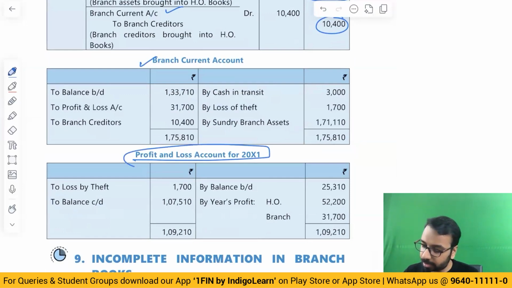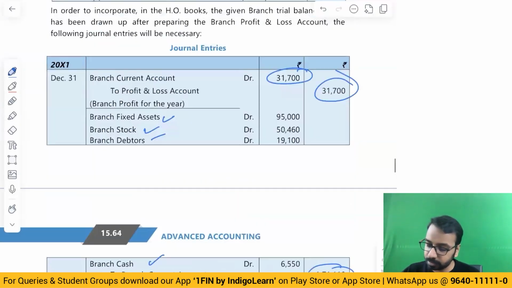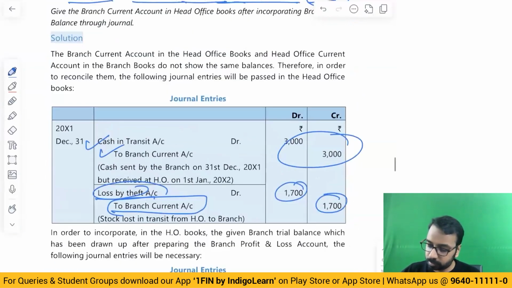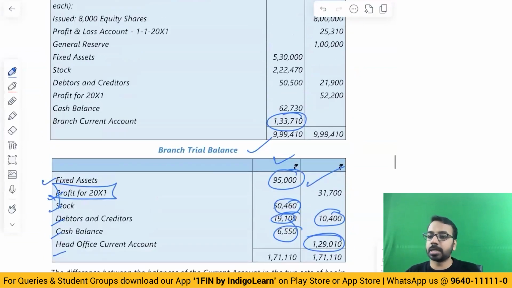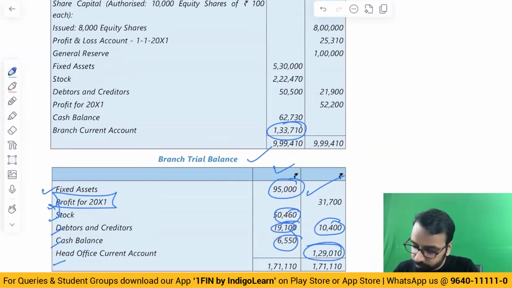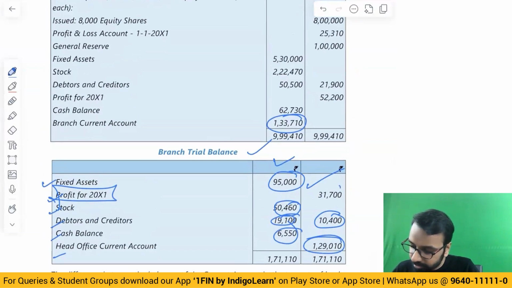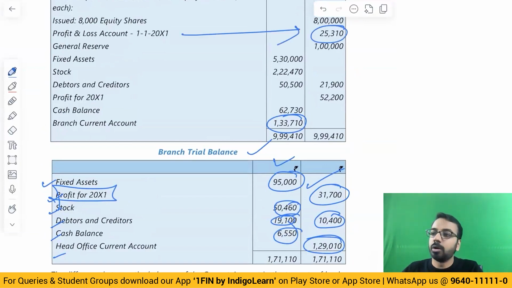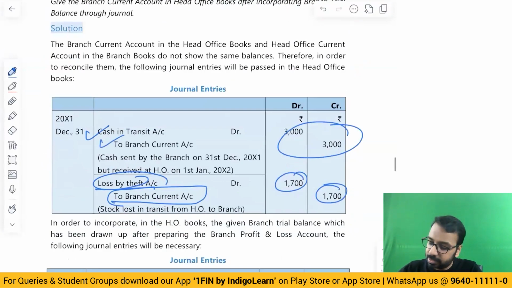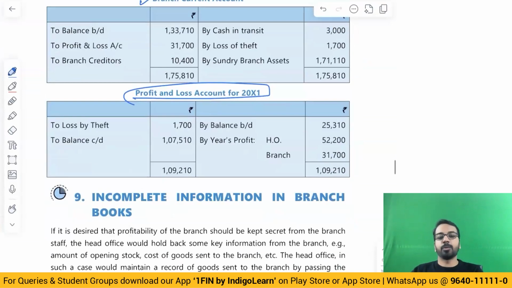Now, how do you prepare the P&L account? $31,700 is what has been transferred from the branch, and 25,310 is what is there in the head office. The head office will say, this is my opening P&L, 25,310.